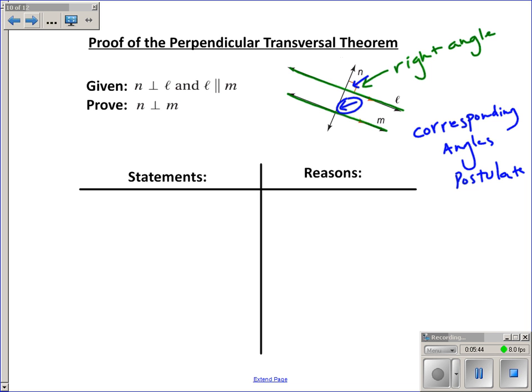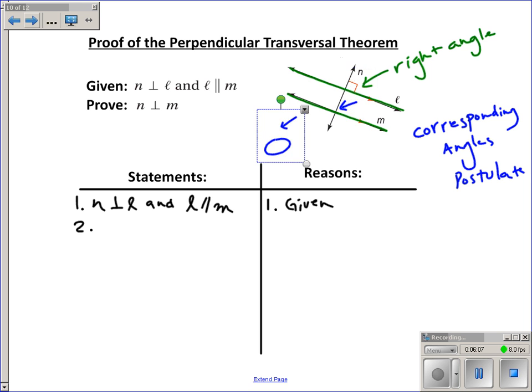So let's take those ideas and actually write out the proof. The first statement is that N is perpendicular to L and L is parallel to M, and the reason is it's given. The second statement: now I need to name these angles, just so it's easier for me to talk about them.